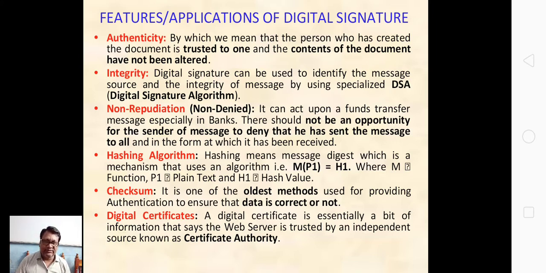In between, no modification. Second is integrity. It maintains integrity. A digital signature can be used to identify the message source and the integrity of the message by using our main algorithm, a piece of code called the digital signature algorithm. How does it maintain this? Suppose I have applied for a driving license, and I want to make a soft copy on my mobile. I have an app called DigiLocker.